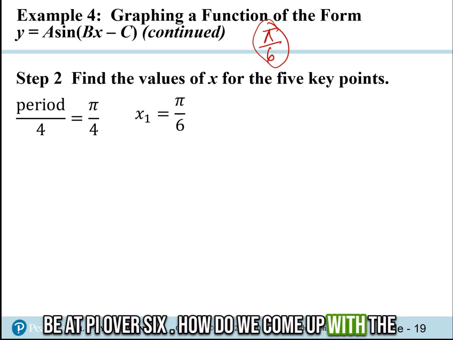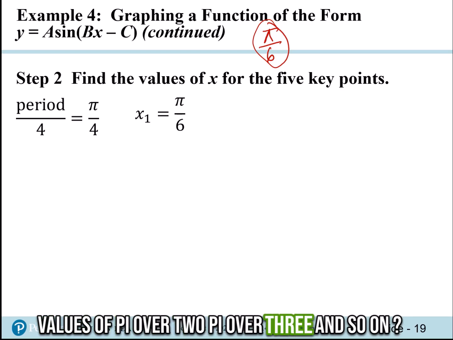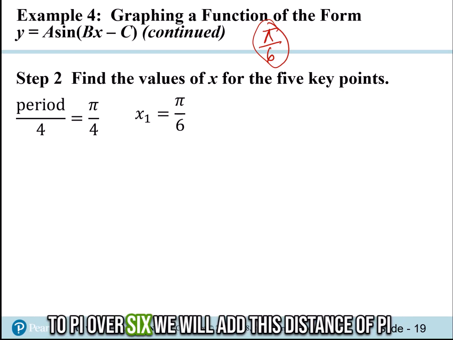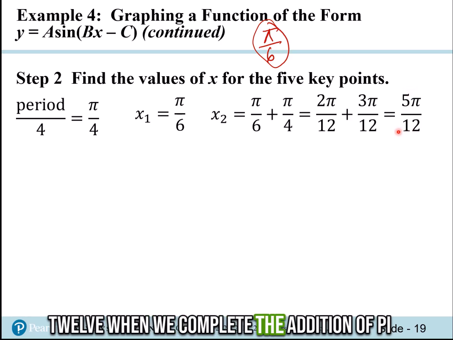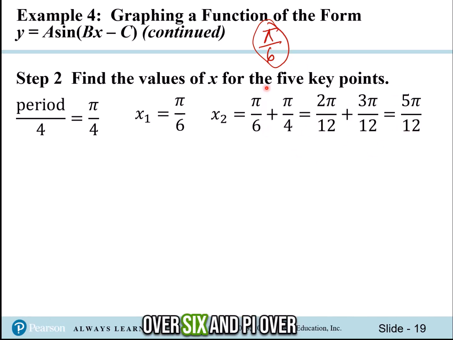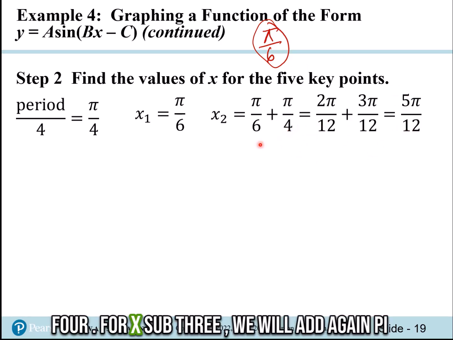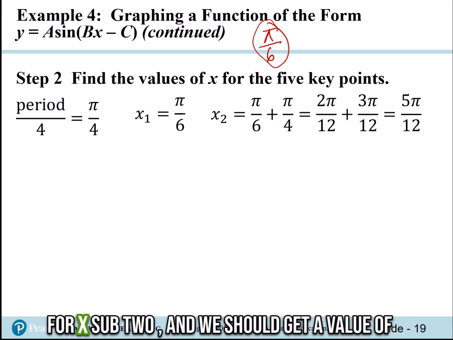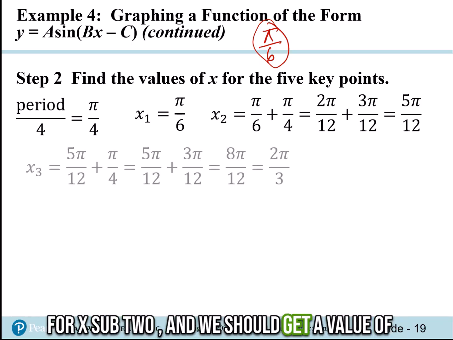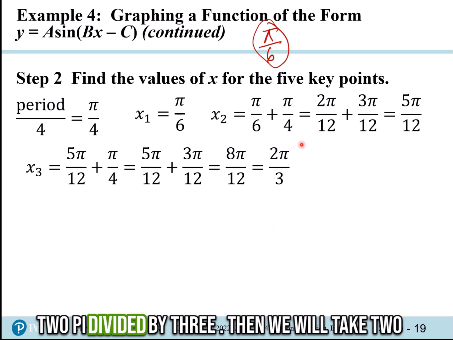How do we come up with the values of 5 pi over 12, 2 pi over 3, and so on? To pi over 6, we will add this distance of pi over 4, and we get a value of 5 pi over 12 when we complete the addition of pi over 6 and pi over 4. For x sub 3, we will add again pi over 4 to 5 pi over 12, which is the point for x sub 2. And we should get a value of 2 pi divided by 3.